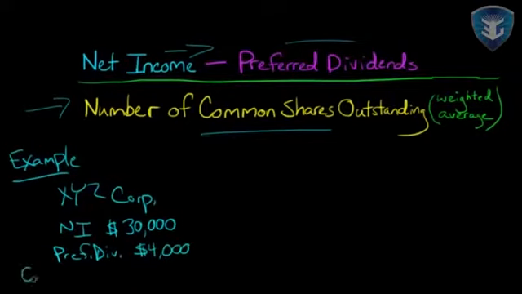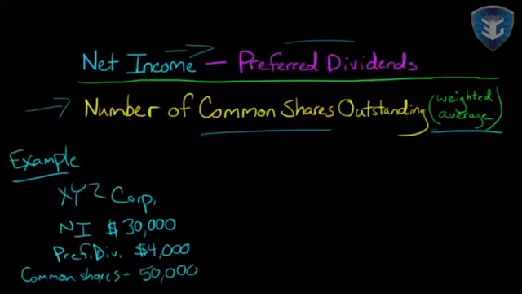Now we're talking about common shares, and again, we take the weighted average of the common shares throughout the year. We'll just assume common shares outstanding are 50,000.